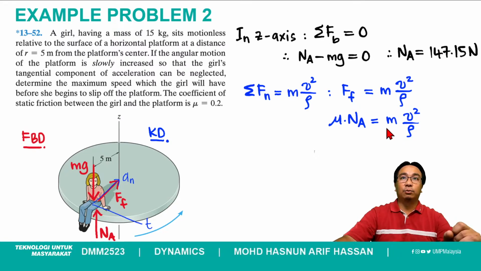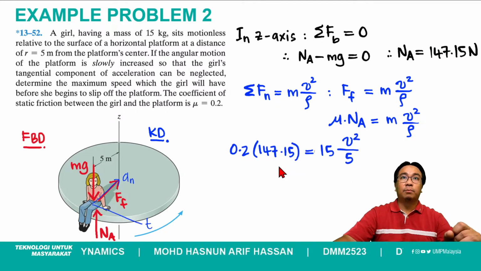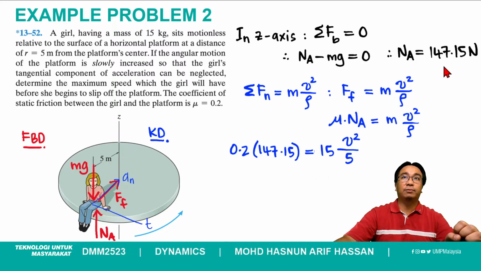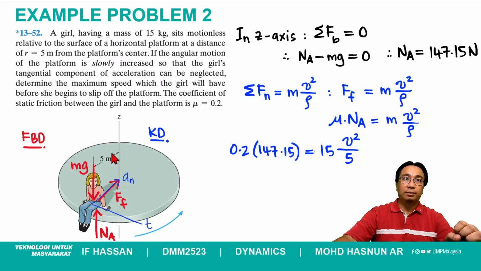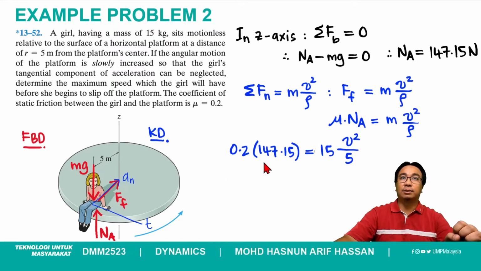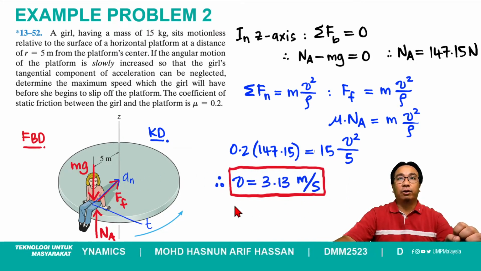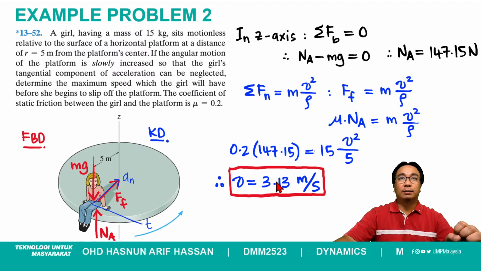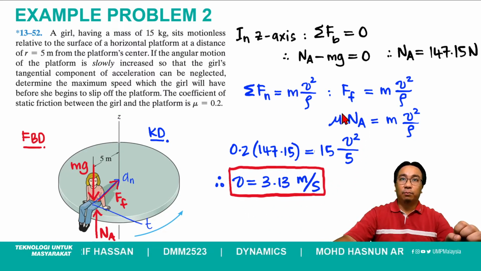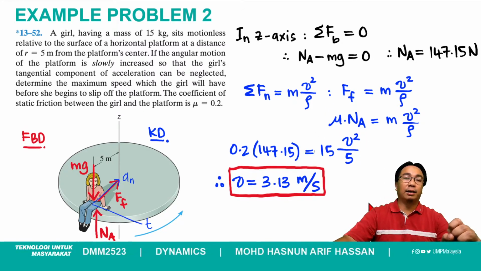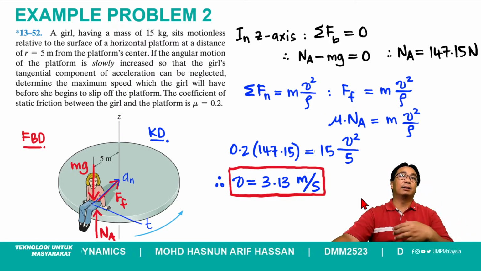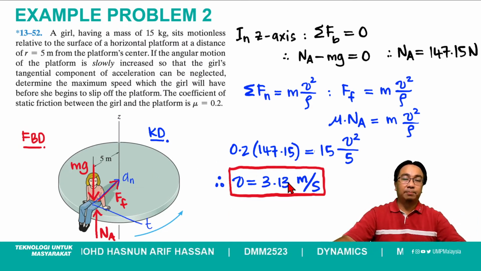So we can substitute the values: 0.2 times 147.15, which we got above, the mass of the girl is 15 kg, and rho is 5 meters. Rho is the distance from the girl to the center. Therefore we get the velocity is 3.13 when the normal force is still there. When the normal force is no longer there, it means the girl is already off the platform.